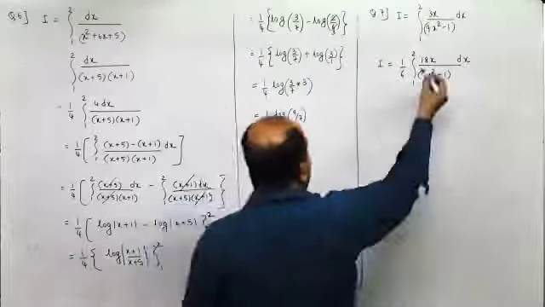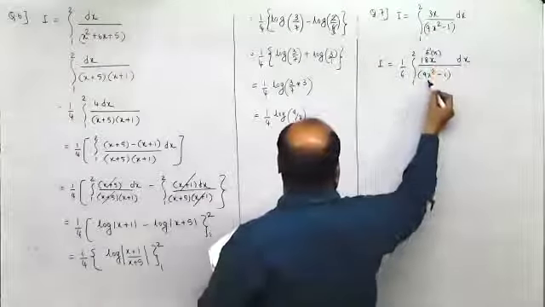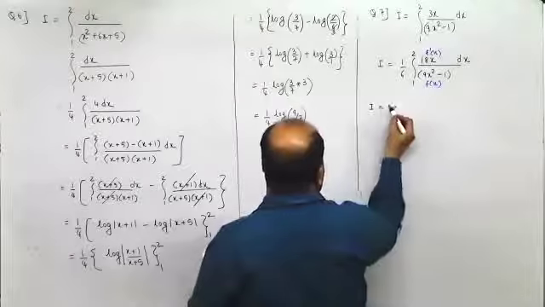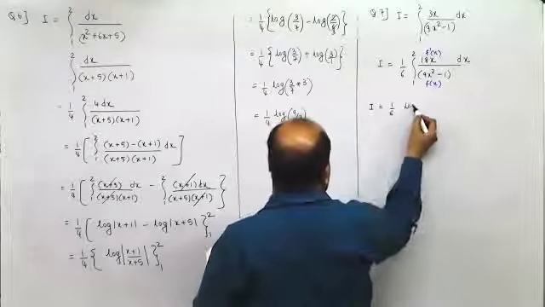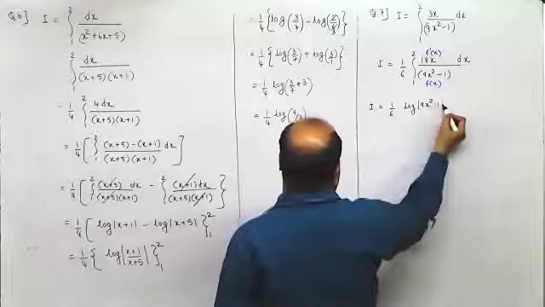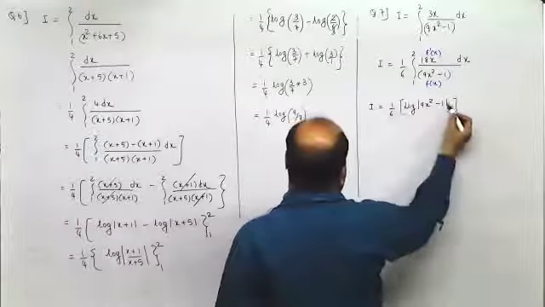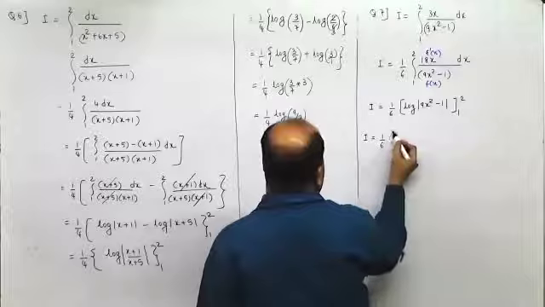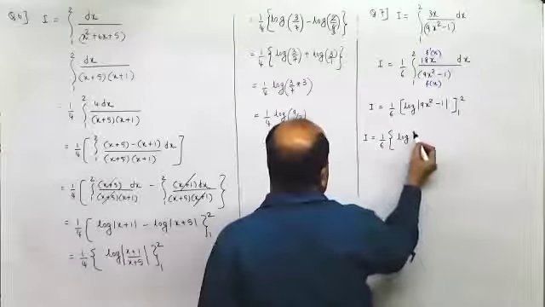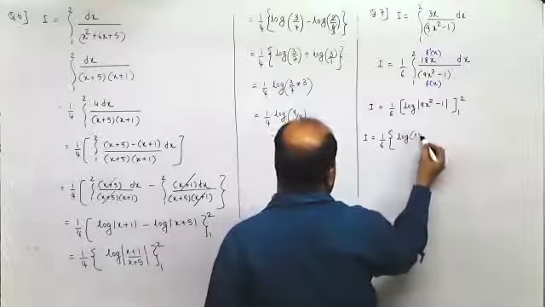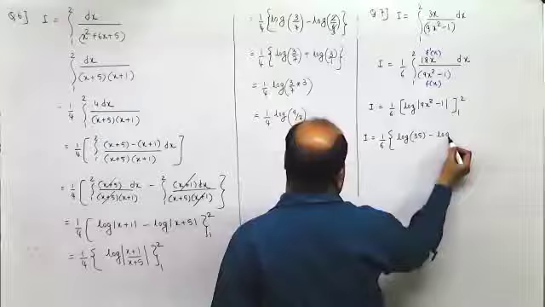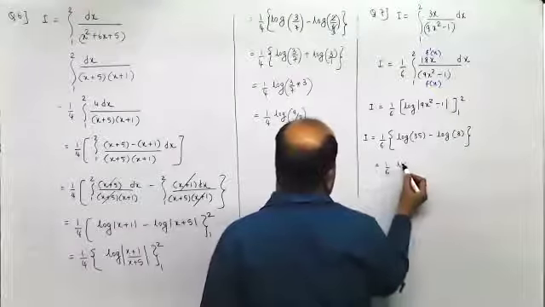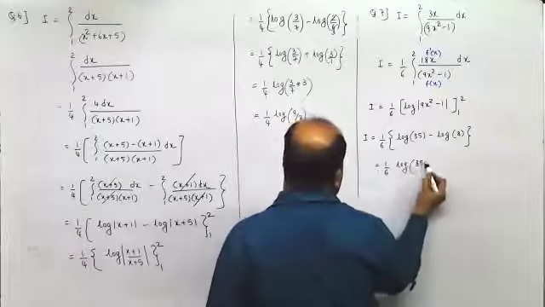So this would be 1 by 6 log of denominator between 1 and 2. First substitute the upper limit, you will get 1 upon 6. Here you will get log of 9 into 4, 36 minus 1, 35, minus log of 9 minus 1, 8. So this is 1 by 6 log 35 by 8.